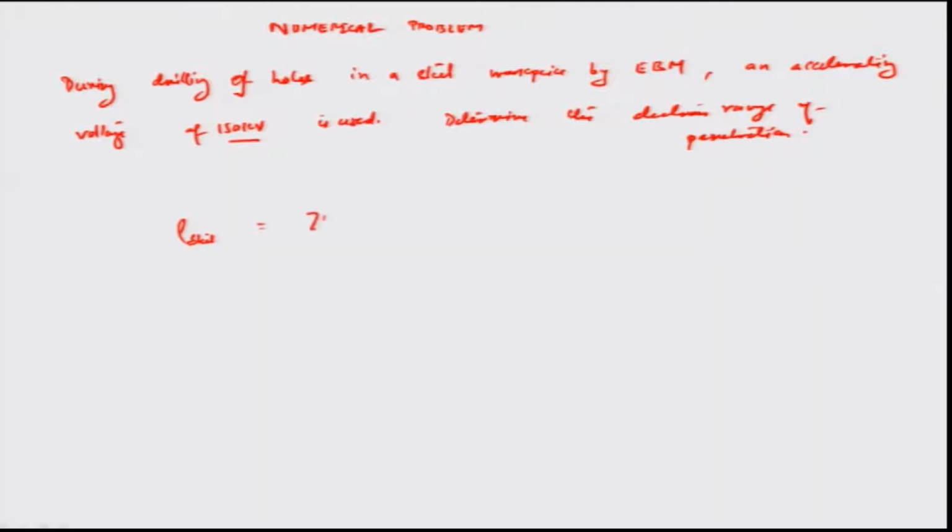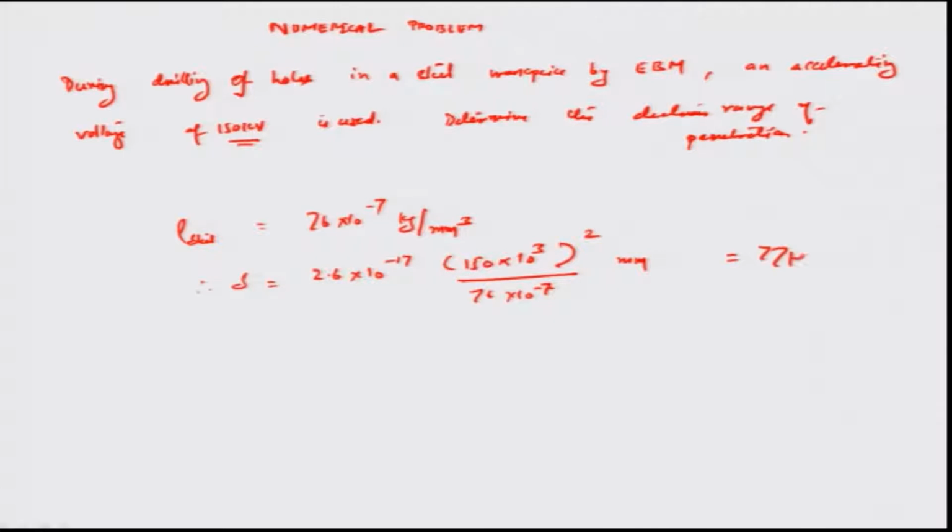The density of steel is about 7.6 × 10^-6 kg per millimeter cube, and penetration depth therefore can be given by the expression 2.6 × 10^-17 times 150 kilovolts, which is being used for the e-beam machining in this case, squared, divided by the density, which is 7.6 × 10^-6, and this can be reported in terms of millimeters then. So, this becomes about 77 microns.